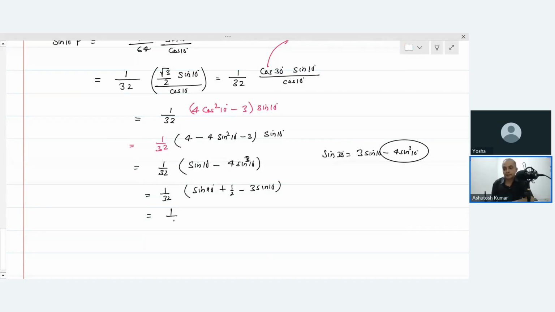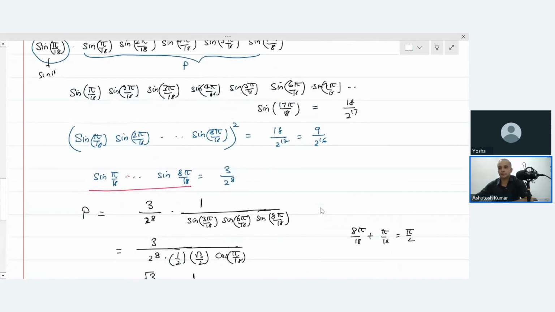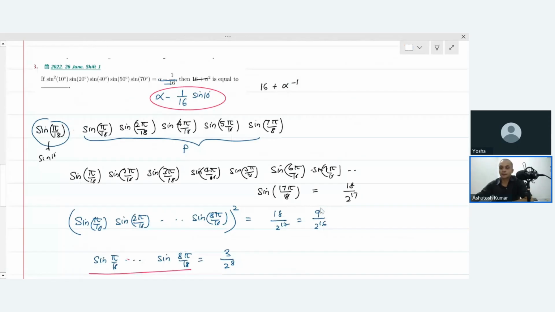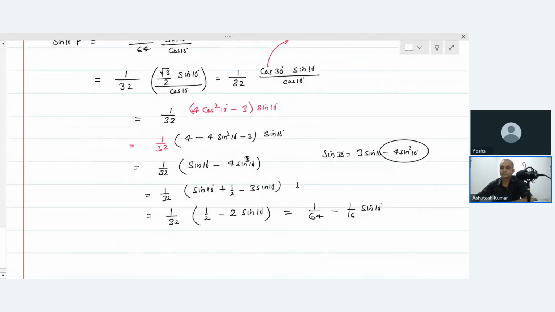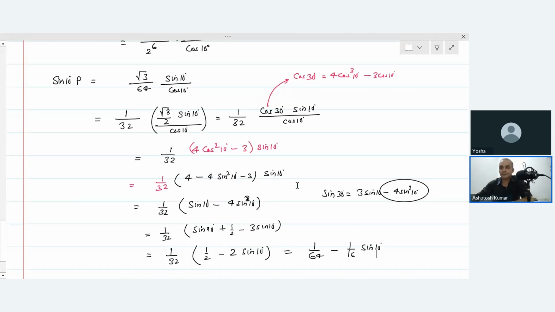So you get here 1 by 32, 1 by 2 minus 2 sine 10 degrees. Multiply this 1 by 32 with each of the terms. So you get 1 by 64 minus 1 by 16 sine 10 degrees. We got the exact expression we are looking for: alpha minus 1 by 16 sine 10. Understood? Yes, sir. You see how the trigonometry adjusts itself. The only thing we have to understand is where the manipulation is going on.